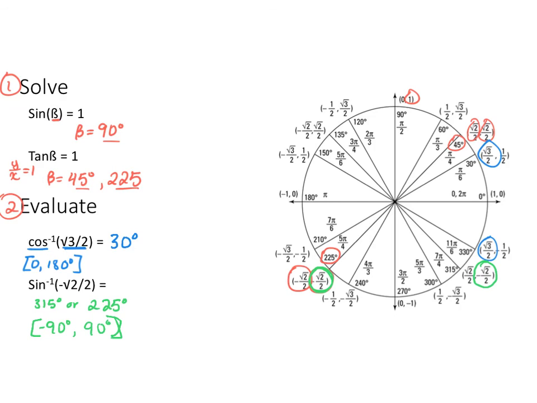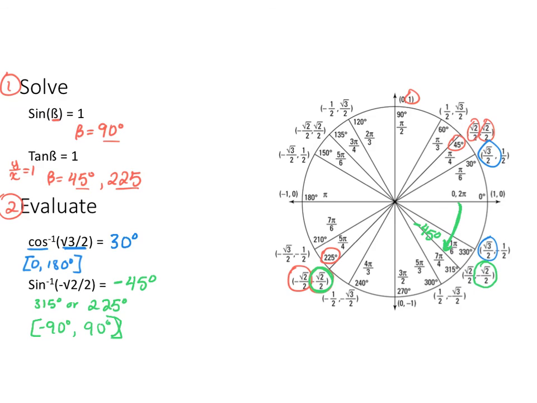But one thing we can remember is a negative angle can be formed by rotating clockwise. And so this 315 degrees is the same angle measurement as negative 45 degrees. This does fall in my range of my sine inverse function. So my sine inverse value of negative square root 2 over 2 is going to be negative 45 degrees.